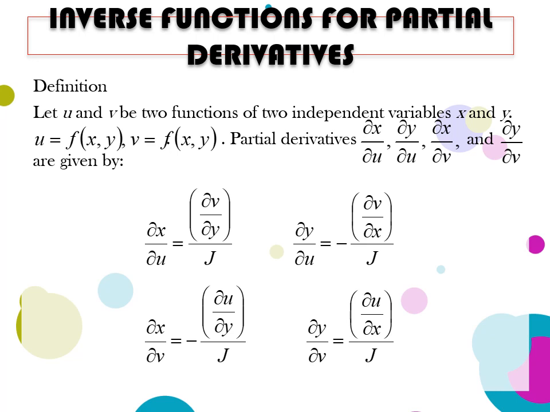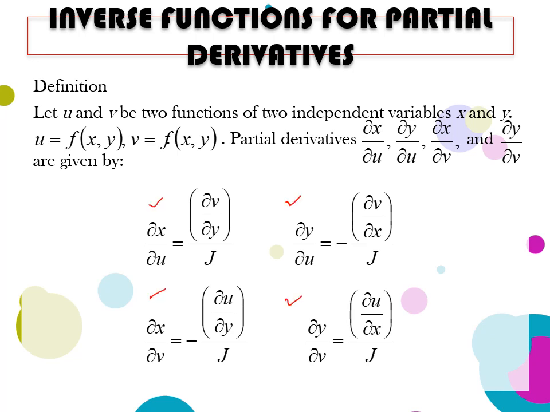If you want to find the partial derivatives, where you need del x del u, del y del u, del x del v, and del y del v, you can use the formula given here.